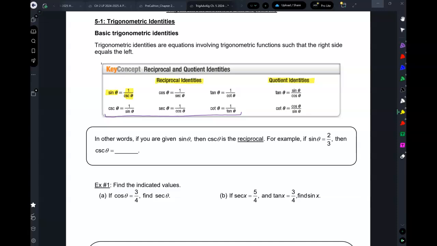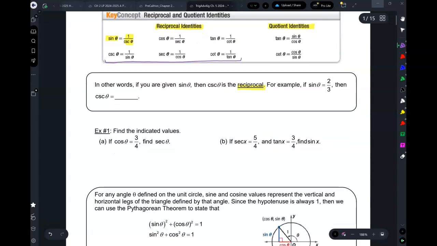So, in other words, if you are given sine theta, cosecant of theta is the reciprocal. For example, if sine of theta is 2 over 3, then cosecant of theta is 3 over 2. That's it. Now, the problems are usually not going to be that basic, but we're going to start with the basics.